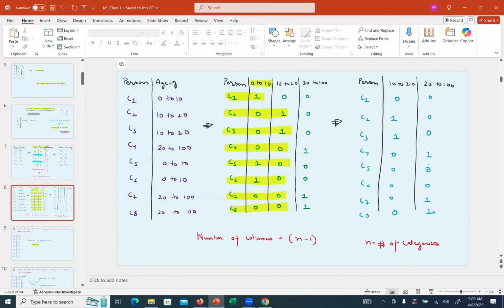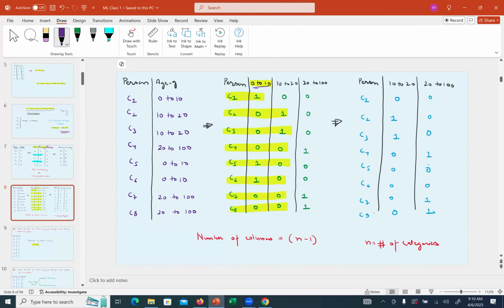Similarly, here in the age group column, we can see that there are three distinct values: 0 to 10, 10 to 20, and 20 to 100. Okay. Now, here I can create three flags out of it. One is a flag for 0 to 10, one is a flag for 10 to 20, and another is a flag for 20 to 100.